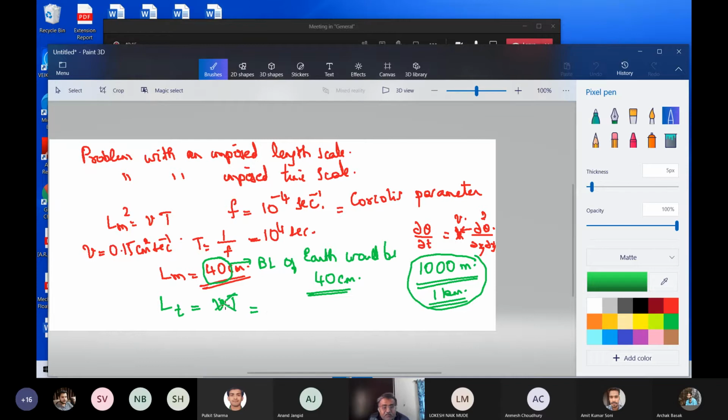In the case of turbulent flow, L is equal to U into T. U is generally the velocity of wind, the turbulent component, which is about 0.3 meter per second, into time. Time is 1 by f, which is 10 raised to 4 seconds. This gives you about 3 into 10 raised to 3 meter, which is about 3000 meters, of that order.